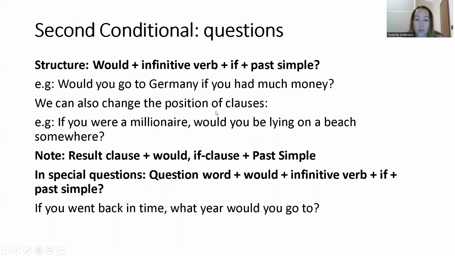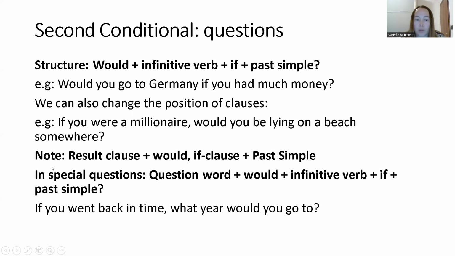We can also change the position of the clause. In this case, you see here, we use would first and then the if clause. If we change the position, we can say, if you were a millionaire, would you be lying on a beach somewhere? We just change the position.